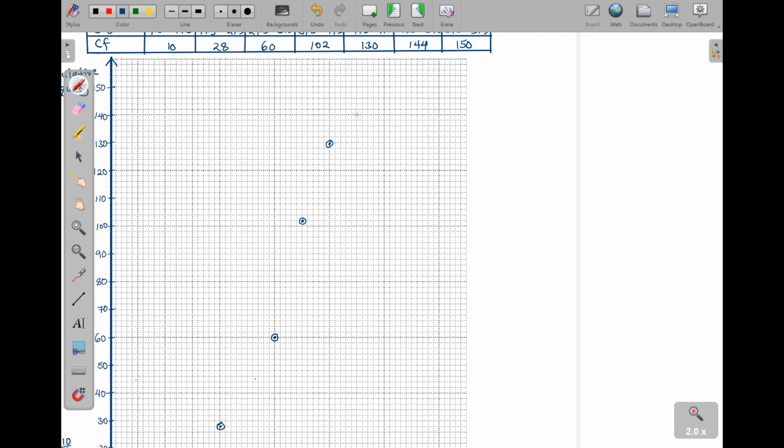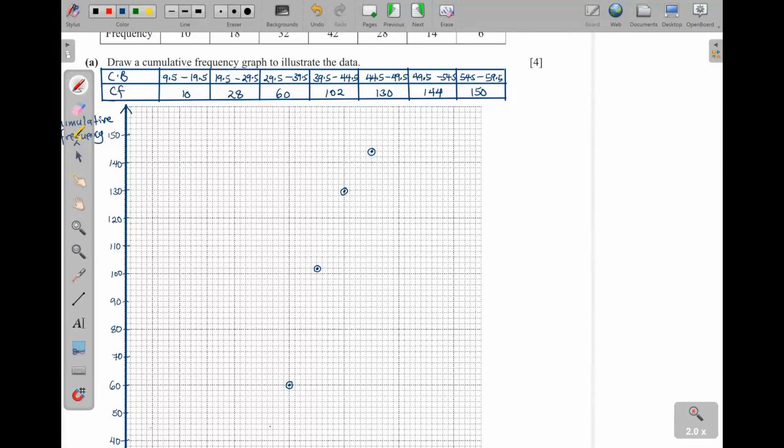And then 144, so we shall put 2 small boxes above the 140. And then 59.5 with 150, which is here. 150 has to be there.